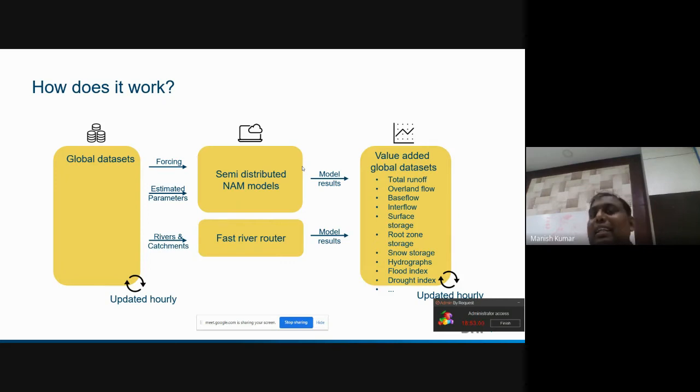So we can create a rainfall runoff model using precipitation from satellite based data sets.